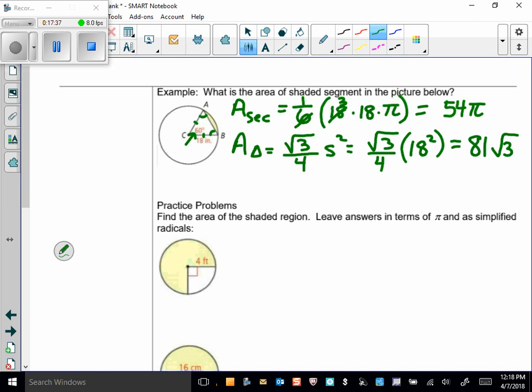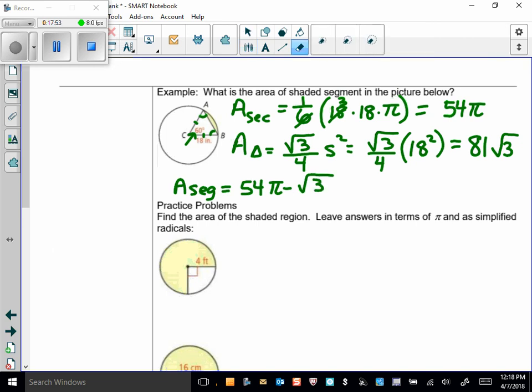And then what do I have to do? I have to subtract. So the area of the segment is going to be the area of the sector, which is 54 pi, minus the area of the triangle, which is the square root of 3. I'm sorry, no. 81 times the square root of 3.